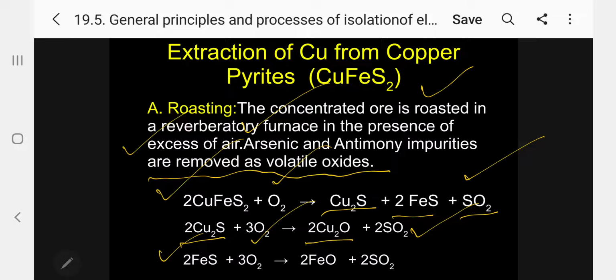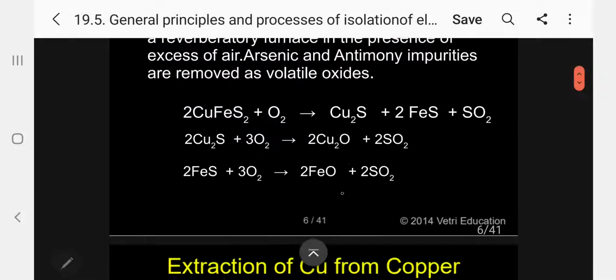Now, finally, the ferrous sulfide formed in the first step reacts with oxygen to form ferrous oxide and sulfur dioxide. Kindly follow. This sulfur dioxide again goes out. So, what we are getting here, our aim is to concentrate on cuprous oxide, the final form, from which we extract the impure metal.